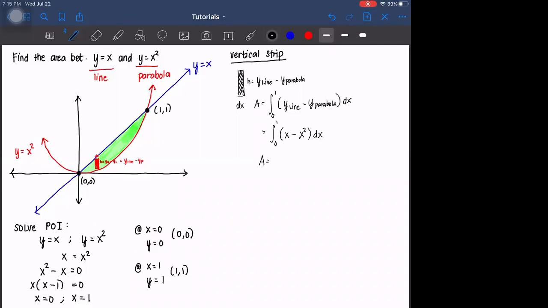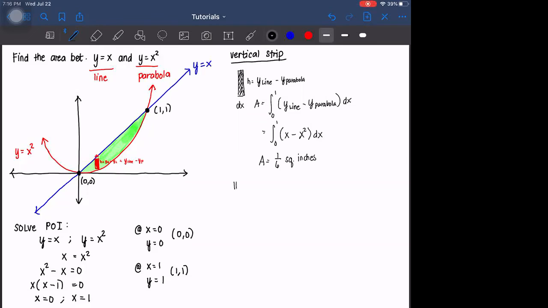The answer is 1/6. Very good. It's 1/6 square inches.